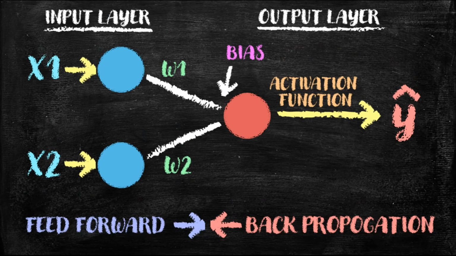Now, if we go back to our original diagram, you can see we have feed forward. Feed forward is just pushing your data through this network and getting our predicted values for y. Once we get those predicted values for y, we can have some loss function to figure out how far off we are.